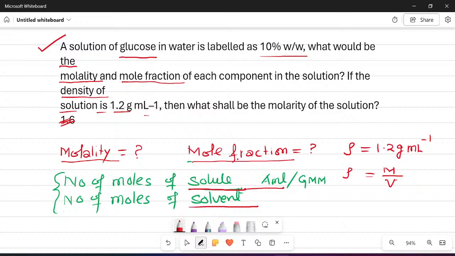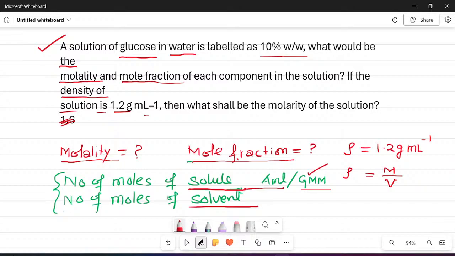From the formula of glucose we can calculate gram molecular mass, and solution is prepared in water, so solvent is water, and for water we can calculate its molecular mass from its molecular formula. So gram molecular mass we will get easily.